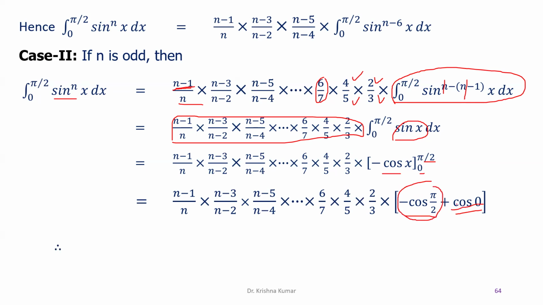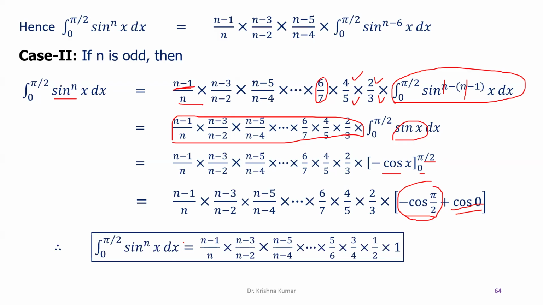So ultimately we are getting the integration of sine to the power n x dx under the limit 0 to pi by 2, which is equal to (n-1)/n into (n-3)/(n-2) into (n-5)/(n-4) into 5 by 6 into 3 by 4 into 1 by 2 into 1. So these are the two different values of the definite integral of the reduction formula of sine to the power n x under the limit 0 to pi by 2.